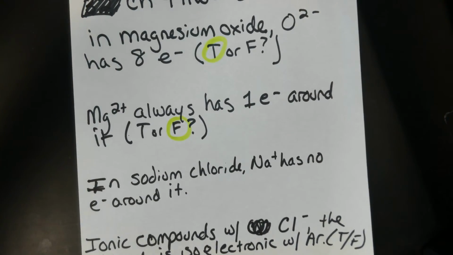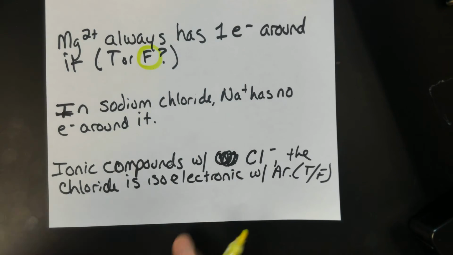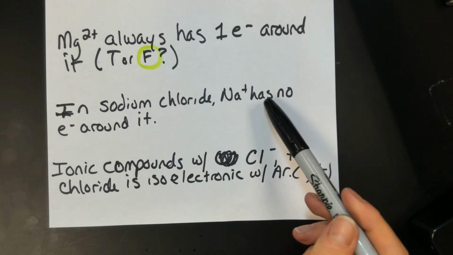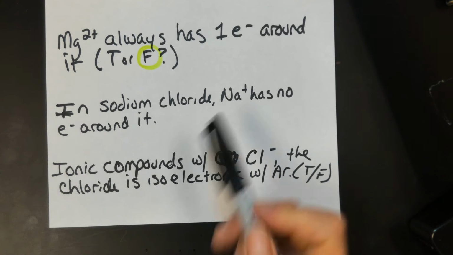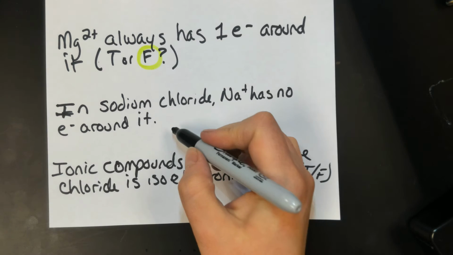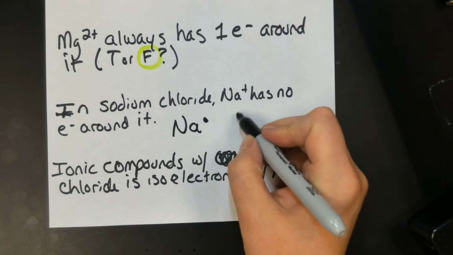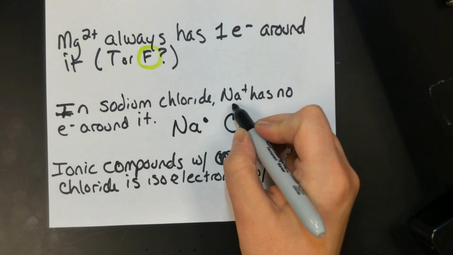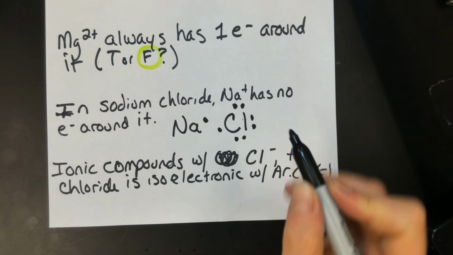This is where the wording gets you here, and I would not do this on an exam, but it says that in sodium chloride, Na plus has no electrons around it. So Na plus, right, so if we know that sodium looks like this, and chlorine looks like this, right?